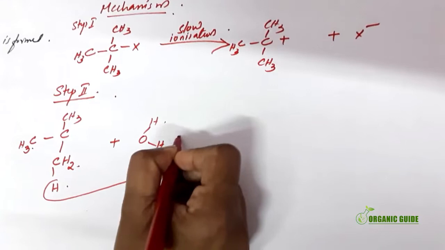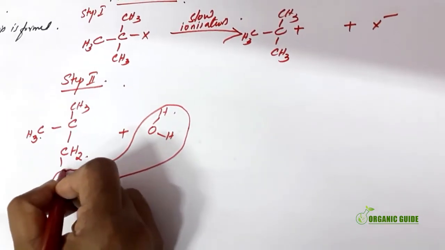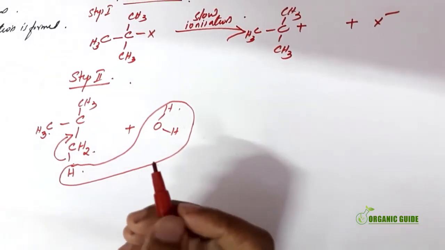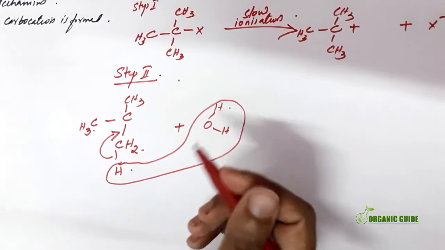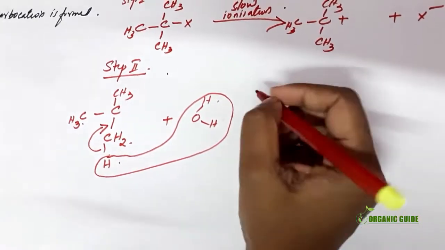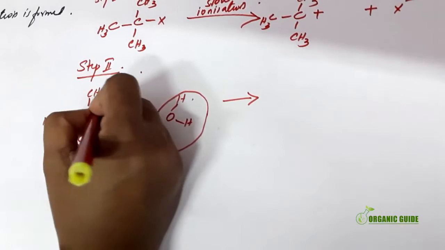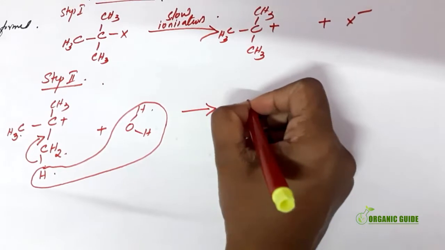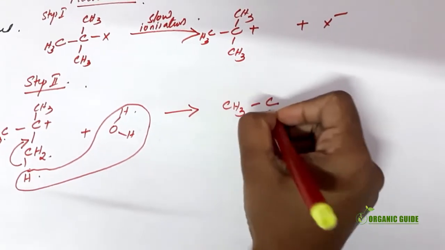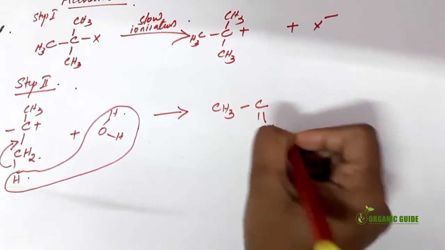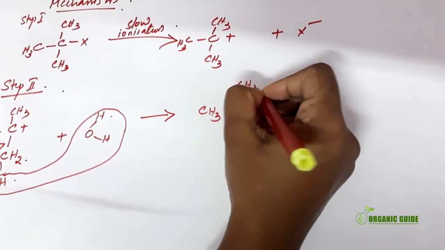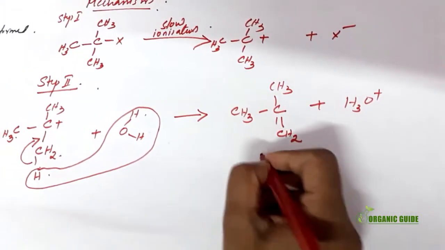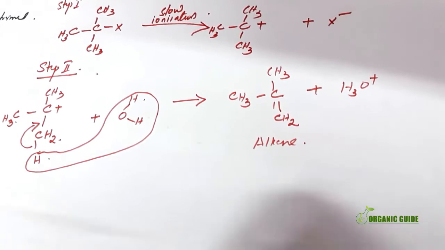This hydrogen will be abstracted by this base, and this bond is shifted to the next carbon, and this positive charge will be nullified. So we will get CH3, C double bond CH2, CH3, plus H3O plus. This is our product, alkene.